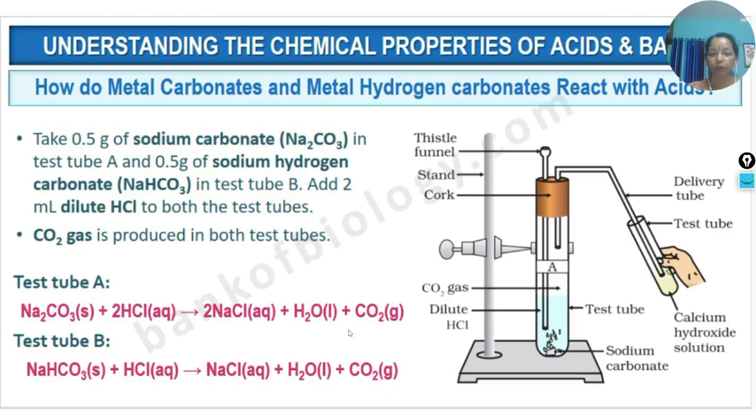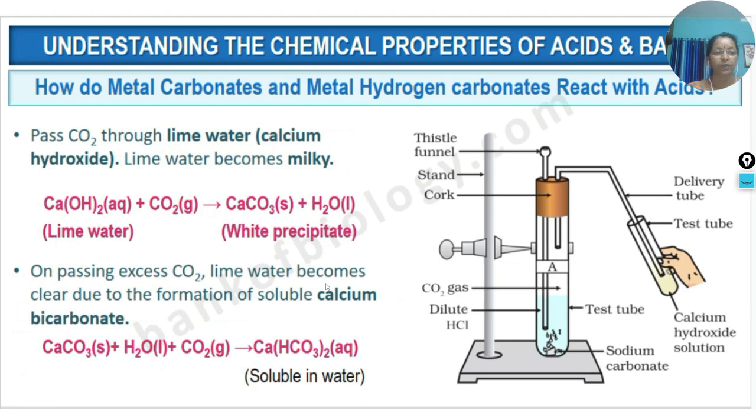Okay, so how will you test the carbon dioxide gas? For that, you have to pass the gas coming out through lime water. Lime water is nothing but calcium hydroxide. So it turns milky. Why? Because it forms a white precipitate of calcium carbonate.